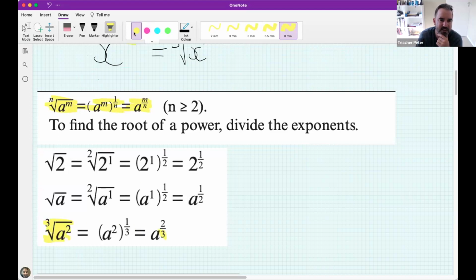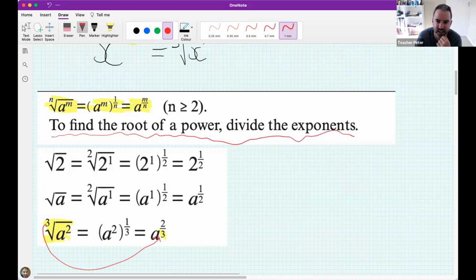And so it's just understanding the connection between that and that. And once you can do that, it's piece of cake. And it says here, to find the root of a power, divide the exponent. So all that you're doing is saying, whatever exponent there was, 2, it's divided by 3, the number in front here.